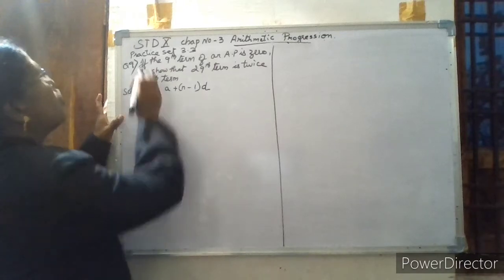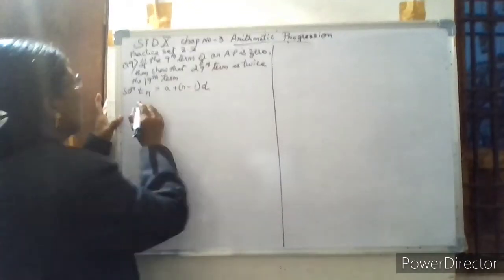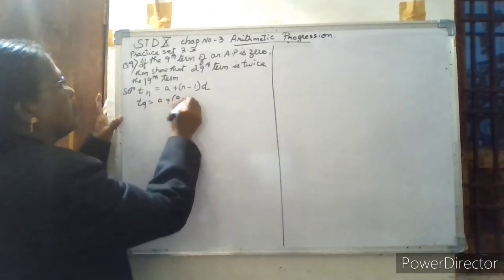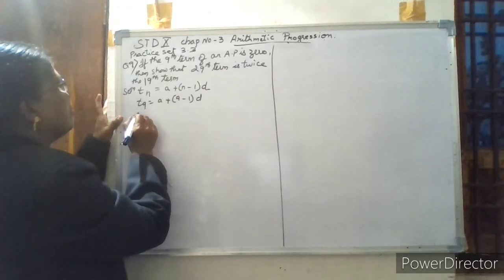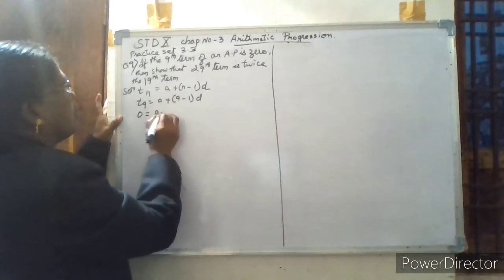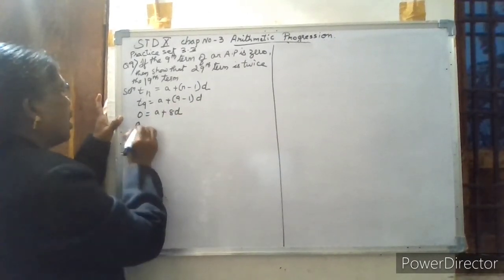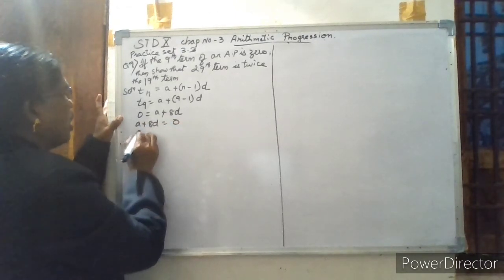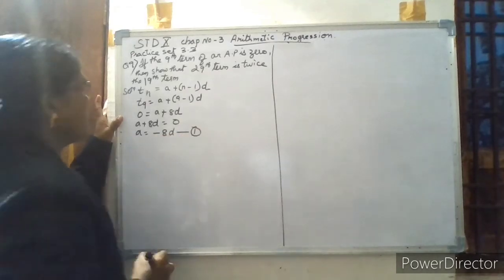The ninth term of the AP is given as 0. So the ninth term is a plus 9 minus 1 into d, and this is given as 0. So 0 is equal to a plus 8d, so a is equal to minus 8d. Take it as equation 1.